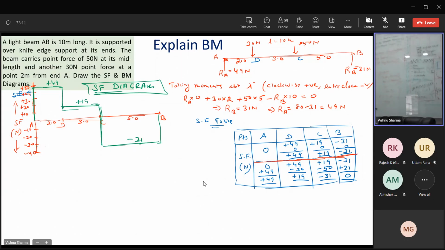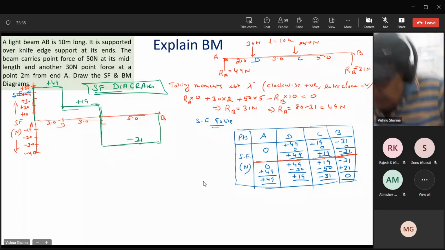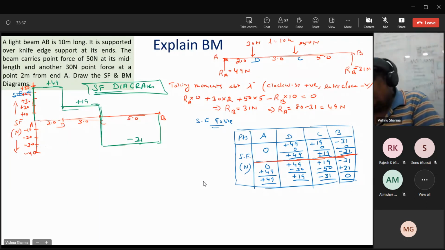How many points need to be taken for BM? Tell me, guys. So same for A, D, C and B. Why? Because it is crossing the x-axis, but it is crossing at one of those points only. It is crossing at C, so C is already there, right? Yes or no? Yes, sir.